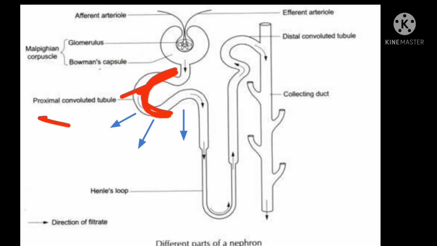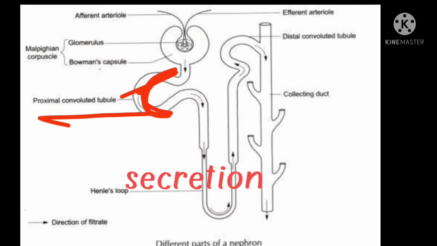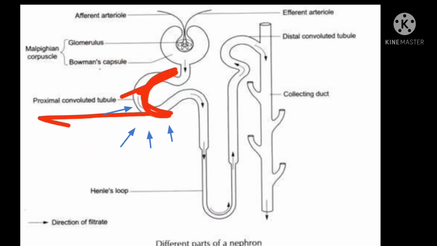Proximal convoluted tubule reabsorbs 70% of water and electrolyte that is present in the filtrate, and it also does some secretion. It selectively secretes hydrogen ions, ammonia and potassium ions into the filtrate.